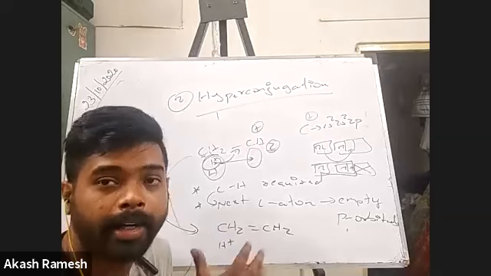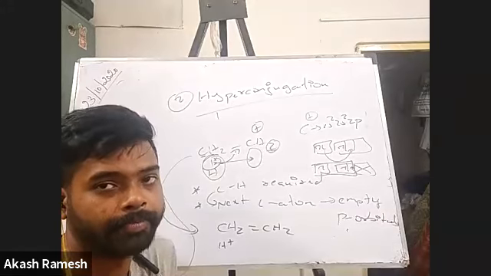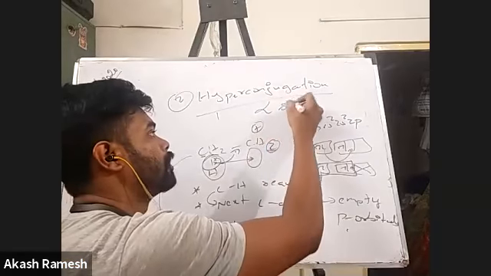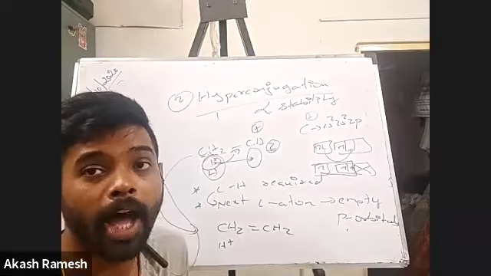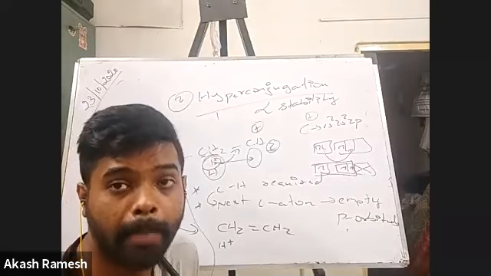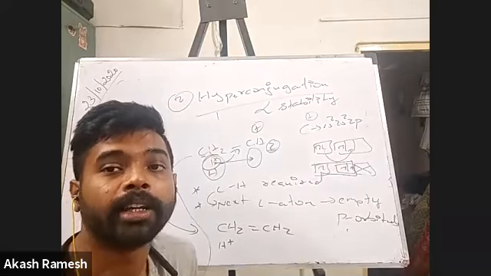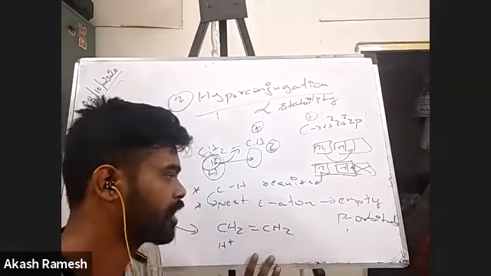I made a bond, I made it stable, just that I have H plus coming after. Not a big deal. So more and more hyperconjugation means more and more stability. The number of hyperconjugating structures is going to increase the stability. Understood? This is one of the hyperconjugating structures.